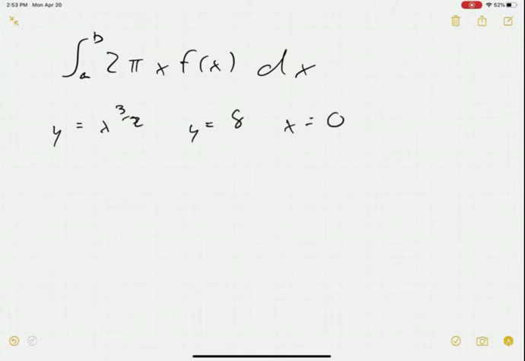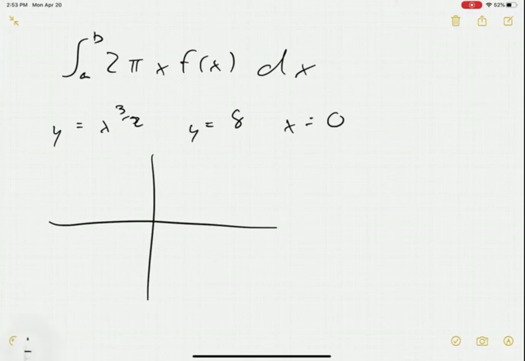So again, first step, no matter what method we're using, we should draw our region first. And we're going to rotate this around the x-axis.